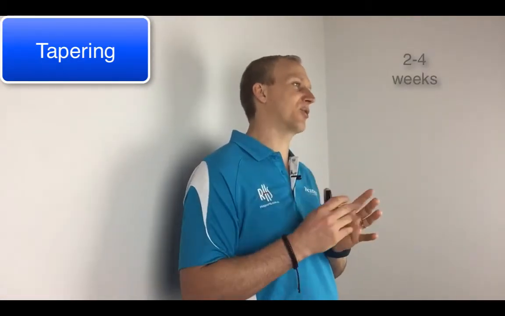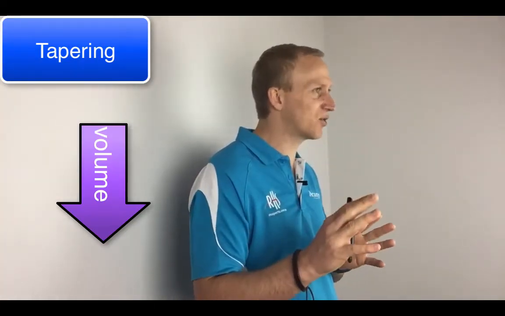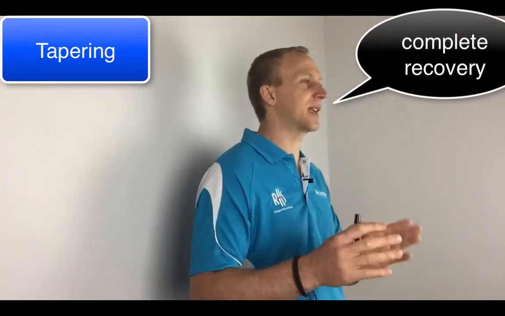Now, in order to get to peaking, you have to use tapering, because concentrated training where you're increasing volumes and increasing intensities is going to reduce your strength, your power, and your performance. And so tapering is a period of about 2 to 4 weeks where you're going to cut back on your volume of training. Normally you'll try and maintain the intensity of training, but you're going to cut back that volume. So rather than training at high intensities 4 days a week, you're now only going to do that 2, maybe 3 days a week to allow for a better recovery and longer periods of recovery, particularly leading into that event.